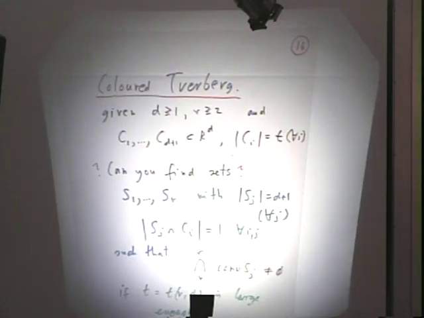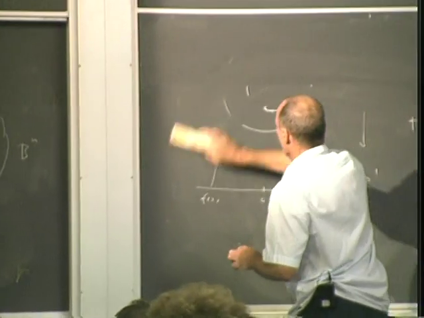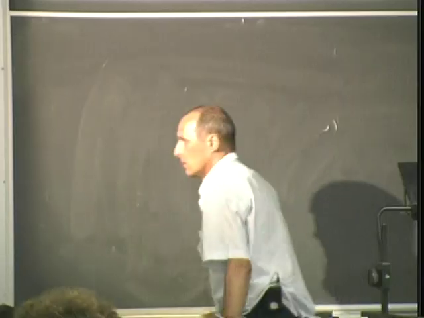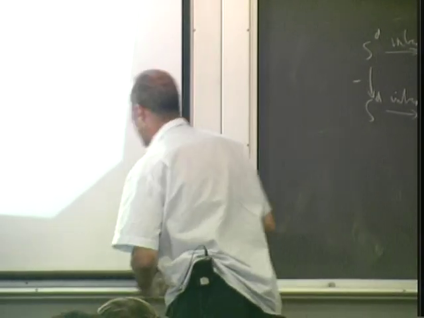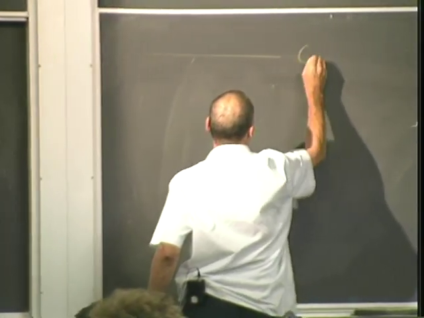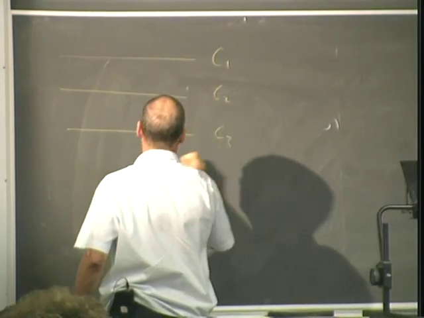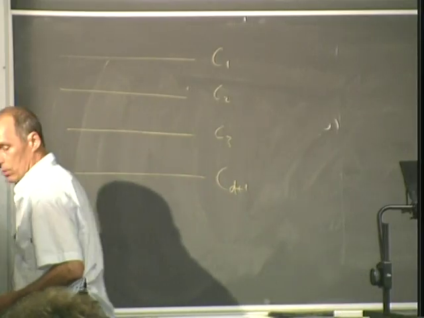And the question is, can you find sets of the following type? And there comes again my previous picture. This is not the geometric picture, as the points lie in d-dimensional space, but combinatorially. This is the first color class, this is the second, this is the third, and this is the last color class, C_{d+1}.